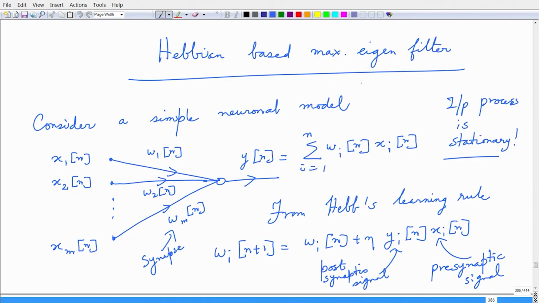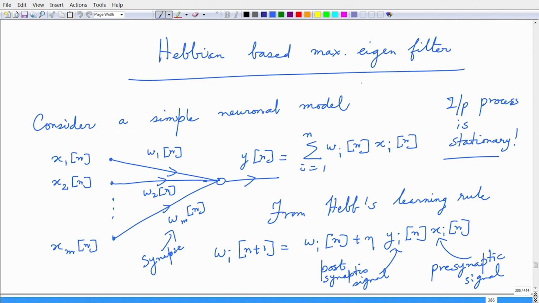Okay. So, we start with a simple neuronal model. I have an input x at time n, and x is a vector having m coordinates x1, x2, so on till xm, and I have an output y, which is basically the projection of this data vector x onto the synaptic weight connections.